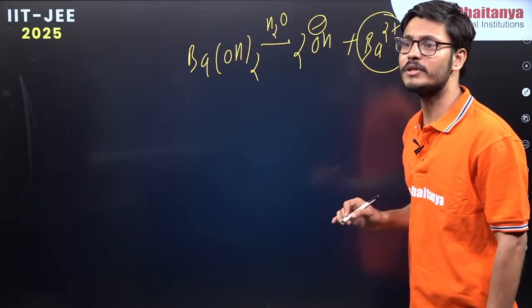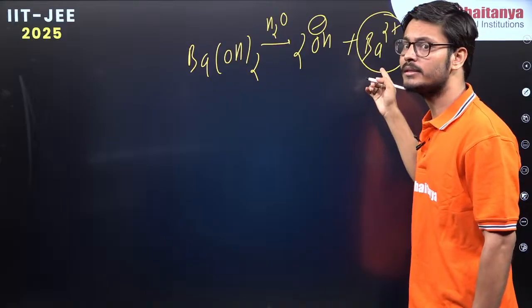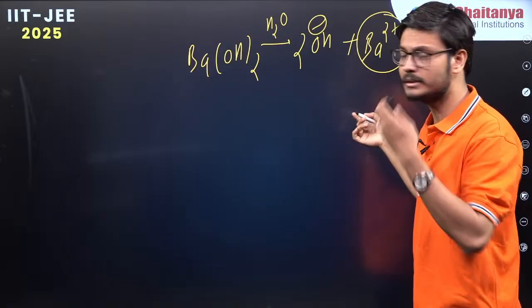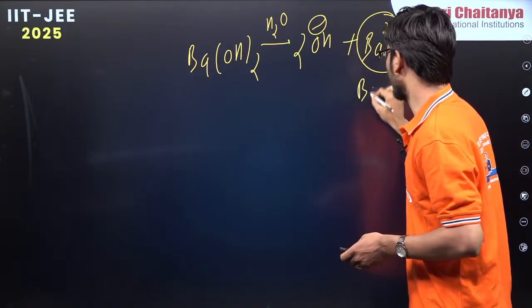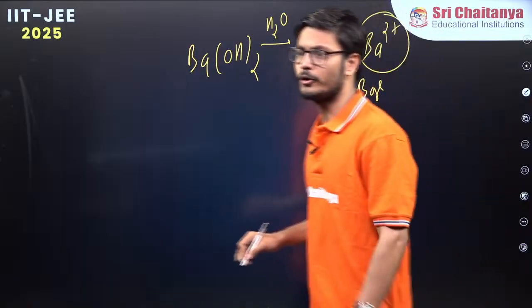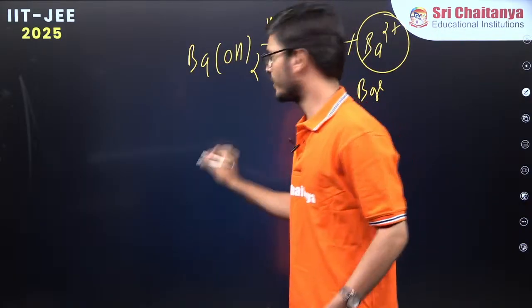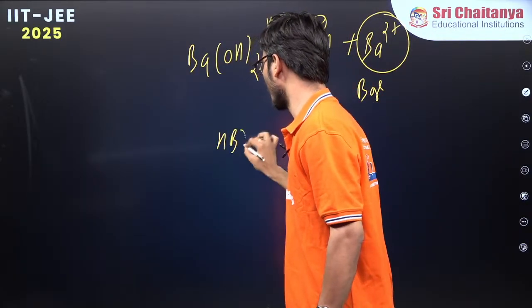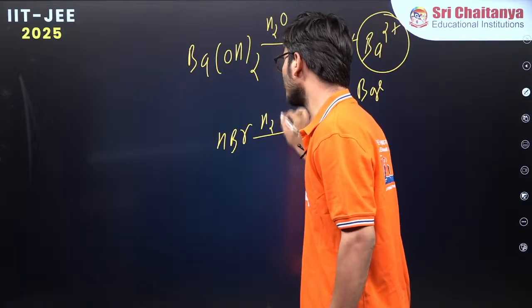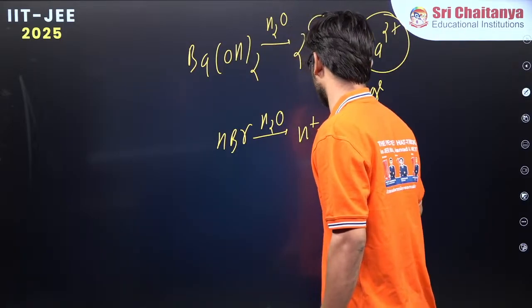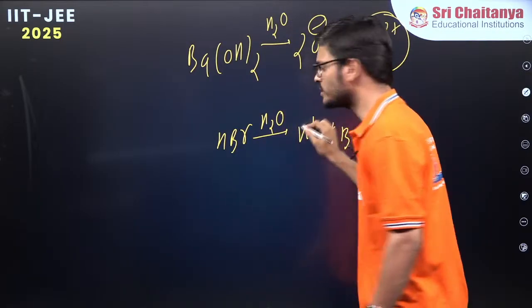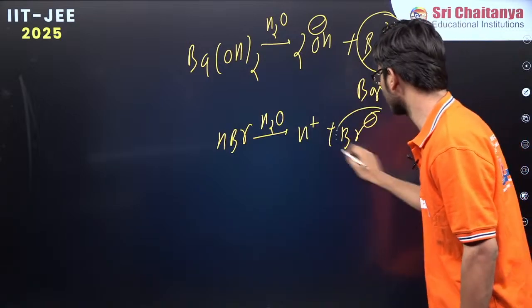So this will be called the basic radical. If you take any acid, for example HBr, and put it into the water, it dissociates into H plus and Br minus. If you remove H plus, whatever is formed is called the acidic radical.